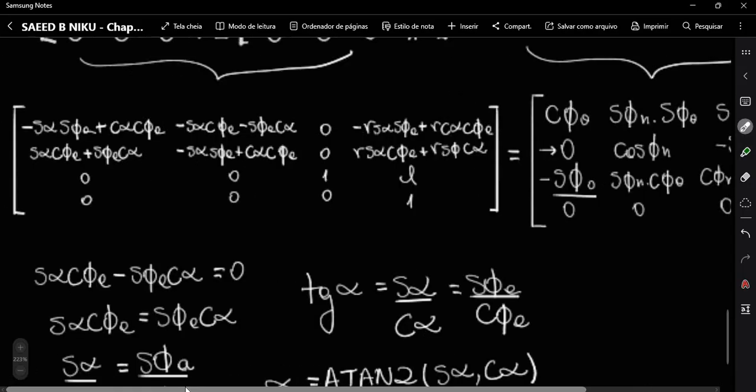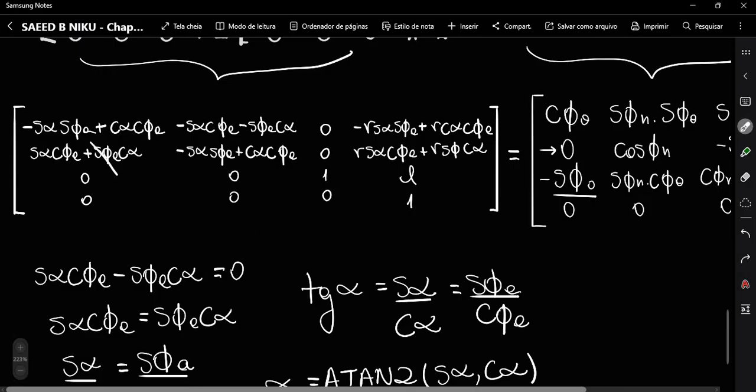If this signal is minus and we rearrange this equation in a way that sine of A cosine of alpha minus sine of A cosine of alpha, this way we got 0.